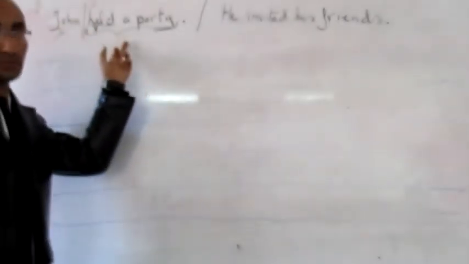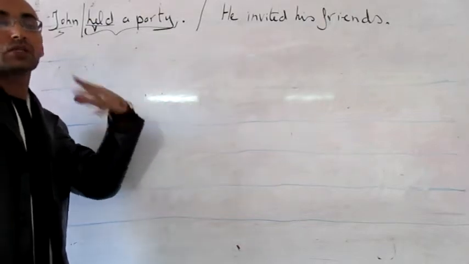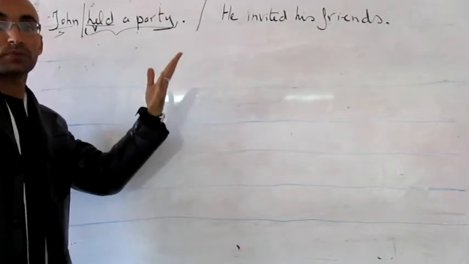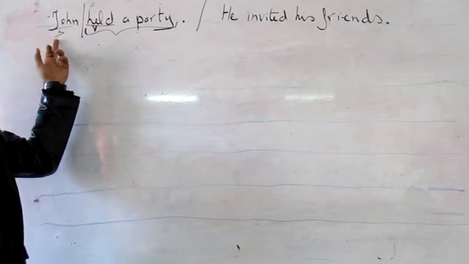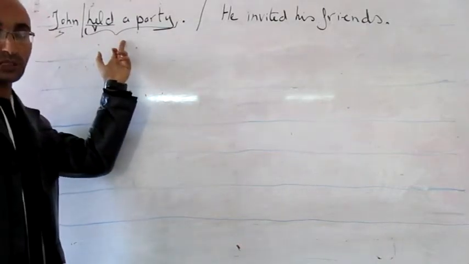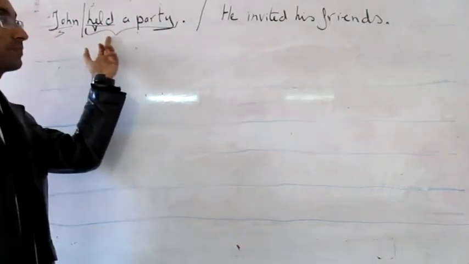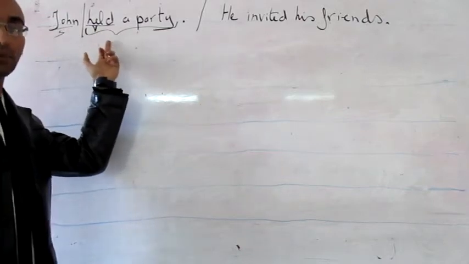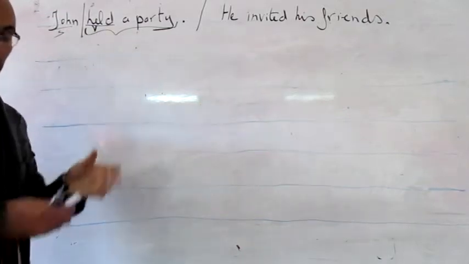From now on, I'm going to use "verb" instead of predicate, one subject and one predicate containing one verb. It is a simple sentence, because it consists of subject plus predicate, which contains only one verb.